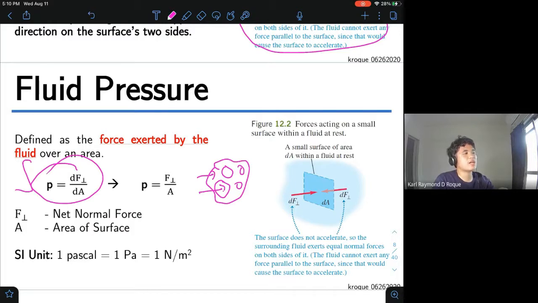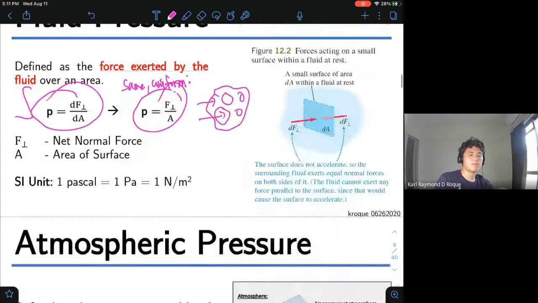Pero, dahil we are dealing with basic cases, if the pressure is the same at all points, uniform, take note, force perpendicular or net normal force perpendicular to the area over the area of that surface. And the SI unit is Pascal.